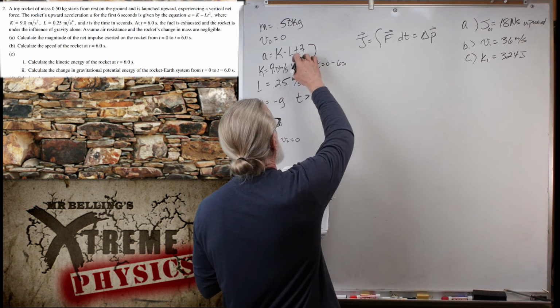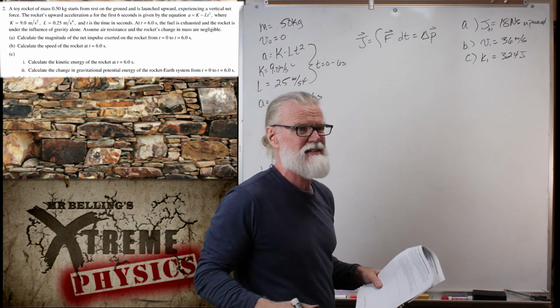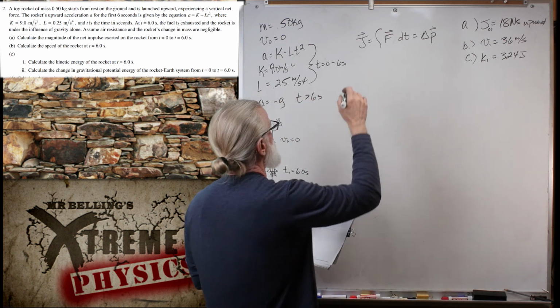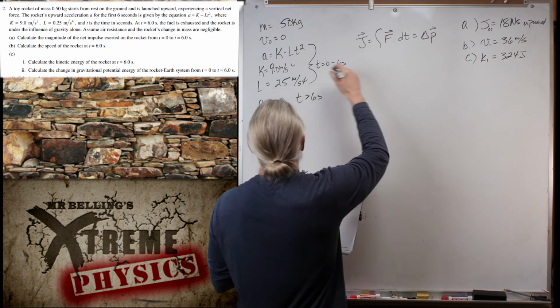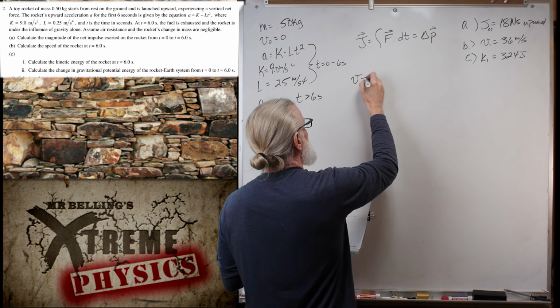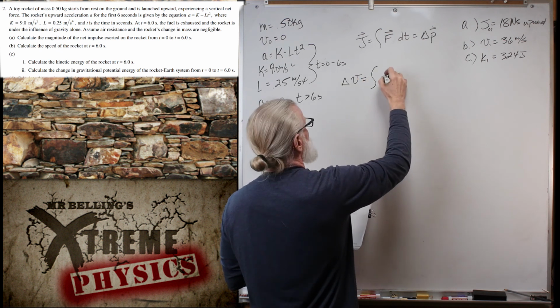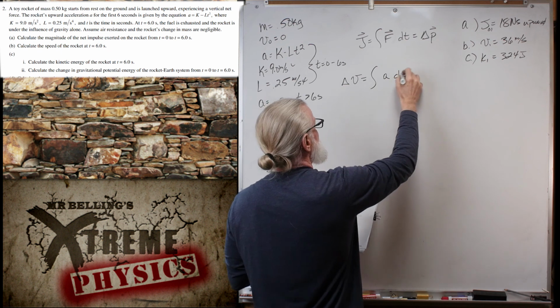All right, we're going to have to use calculus. We're going to use kinematics, we're just not going to use the kinematics equations. Those are the equations used under the conditions of constant acceleration. This is a non-constant acceleration. So the change in velocity equals the integral of a dt.